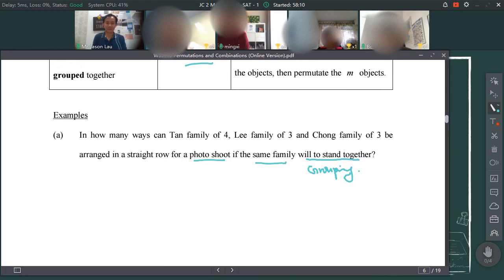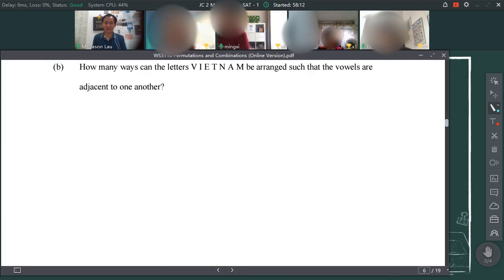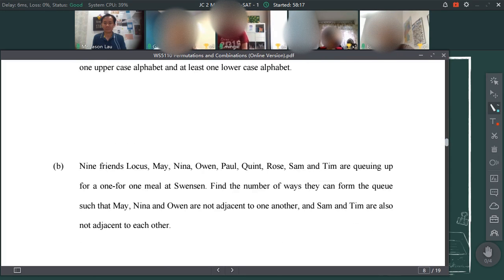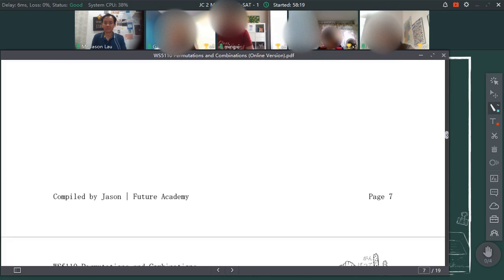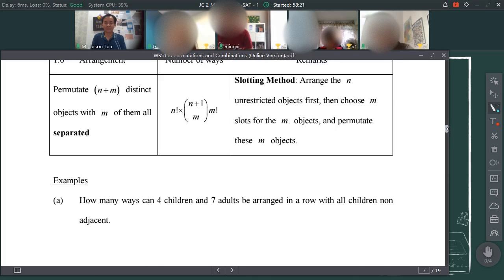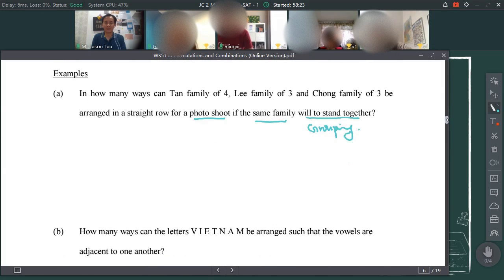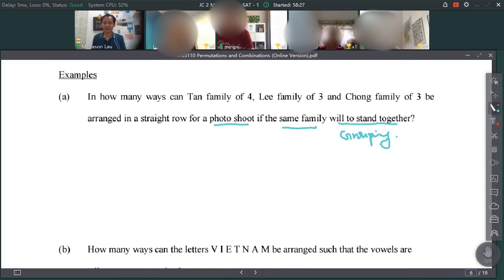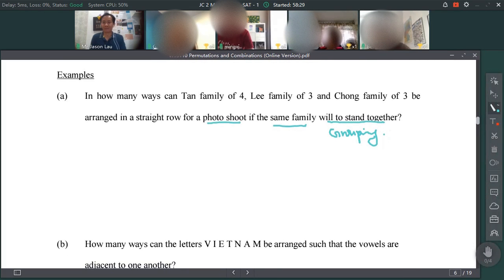I think the board is this. Can move it. Okay, never mind, it's okay. I can only expand until like this. Okay, come, Mincy.